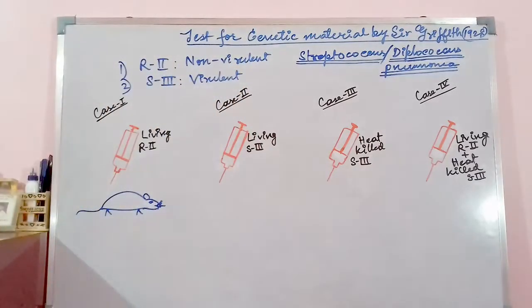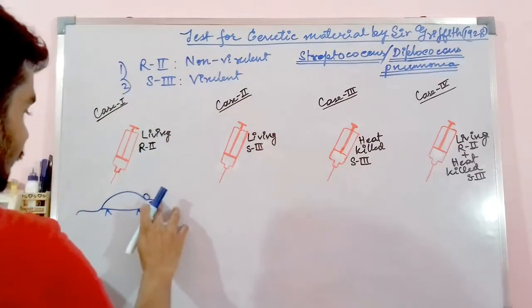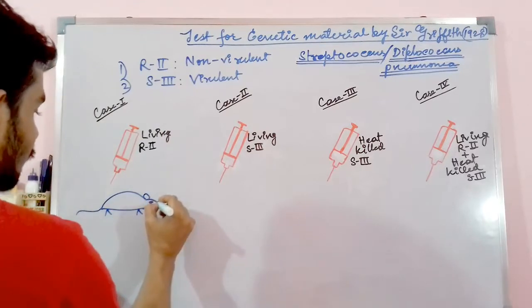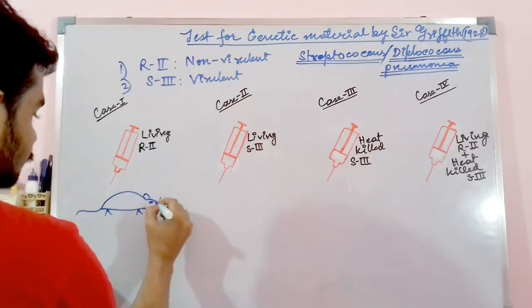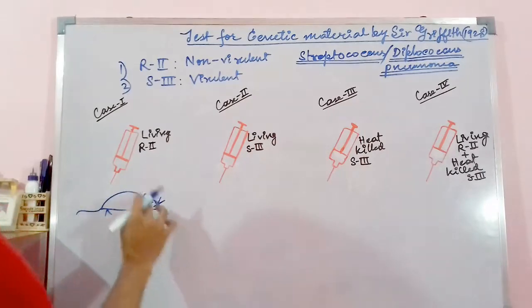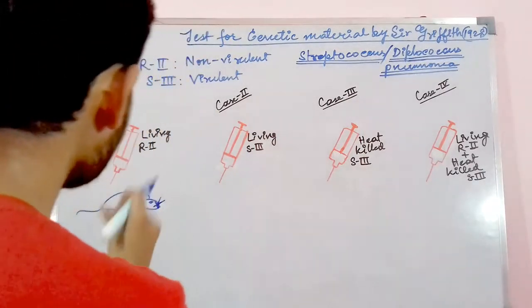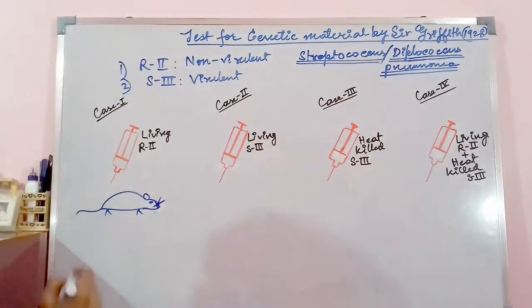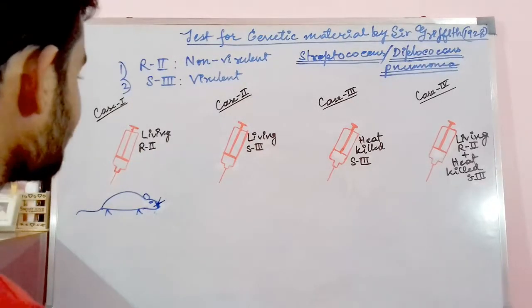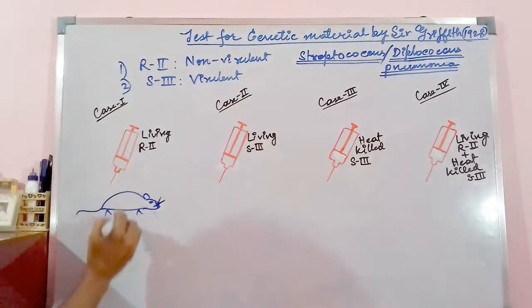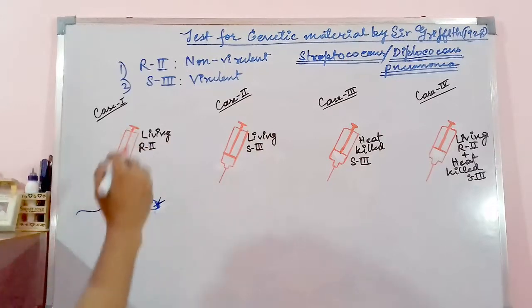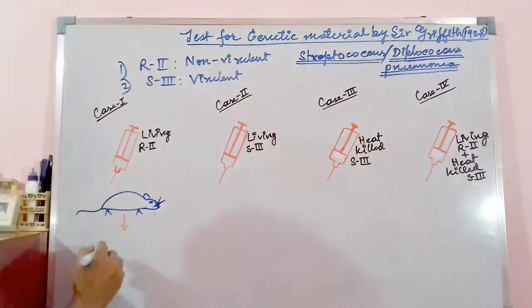Okay, so Frederick Griffith, what he did, he injected the R2 type living strain within the mice, and as a result of this experiment, what happened? When he injected the R2 type living strain, which was not pneumonia causing, the mice survived.